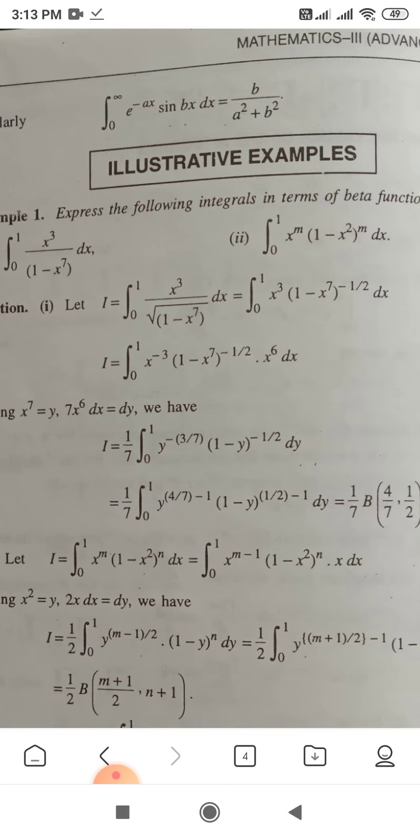Putting these values in this equation, we get integration I is equal to 1 upon 7, 0 to 1 y to the power minus 3 by 7, 1 minus y to the power minus 1 by 2 dy, is equal to 1 by 7, 0 to 1 y to the power 4 by 7 minus 1, 1 minus y to the power 1 by 2 minus 1 dy.